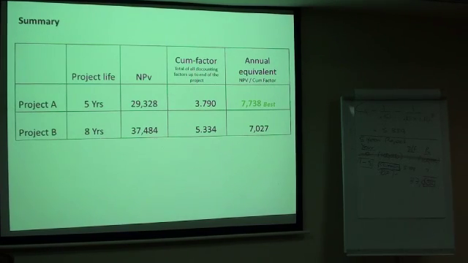So cost of capital is cost of your funds, which can come in various forms. If you use more than one source for cost of capital, you need to take the weighted average cost of capital. And then in capital appraisal, we always take cash flow.